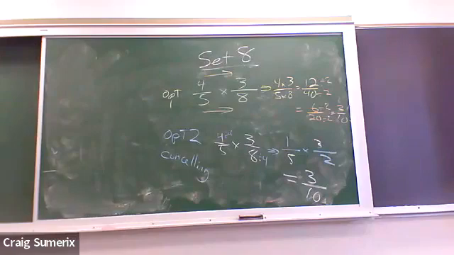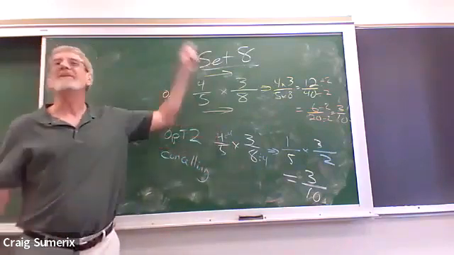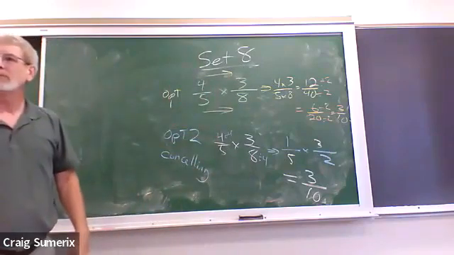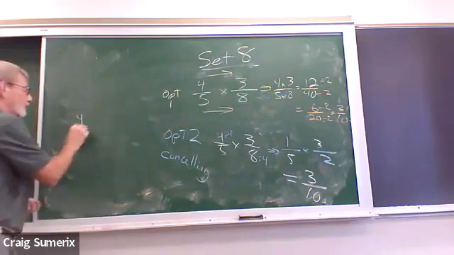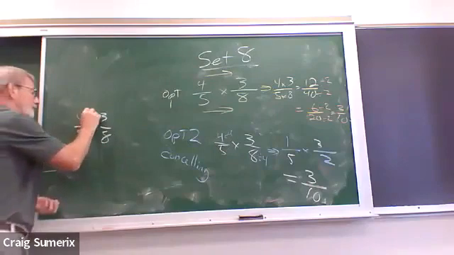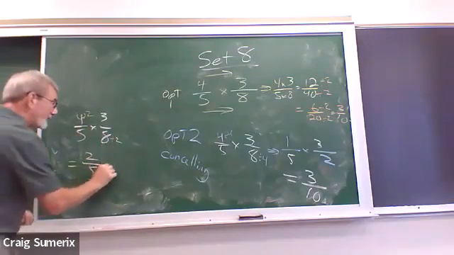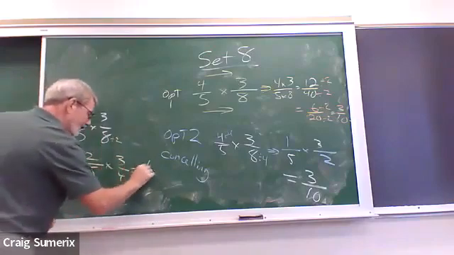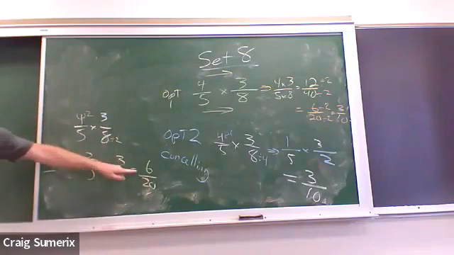The danger in it is sometimes people pick, like say, 2 here instead of 4, and then figure I don't have to reduce my answer. If you only use 2 instead of 4, let's see, this would become 2 over 5 times 3 over 4 is 6 over 20. You don't have to use the biggest, but you've got to be aware, does this reduce?